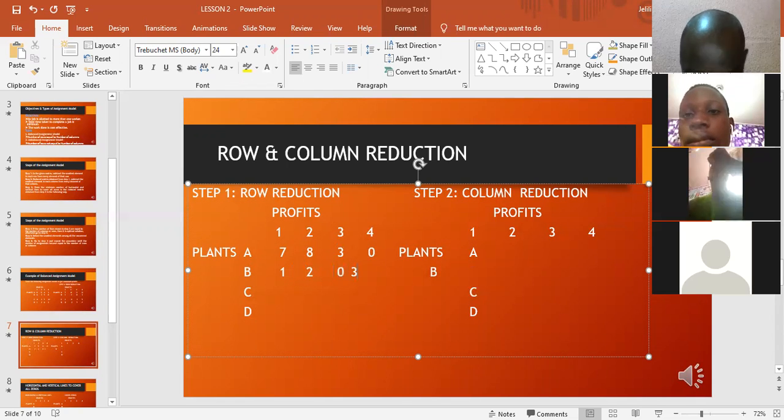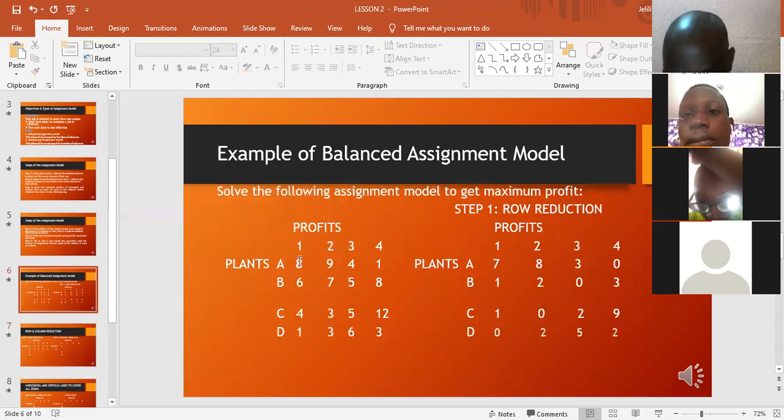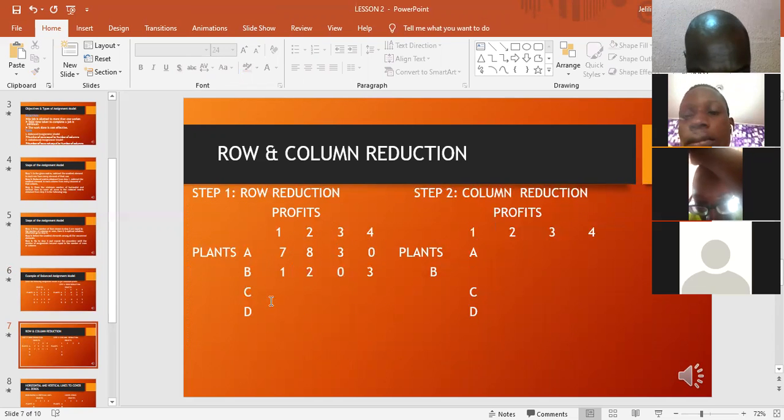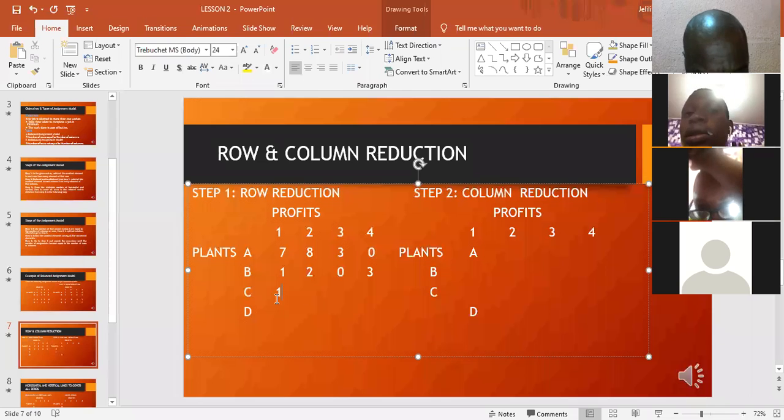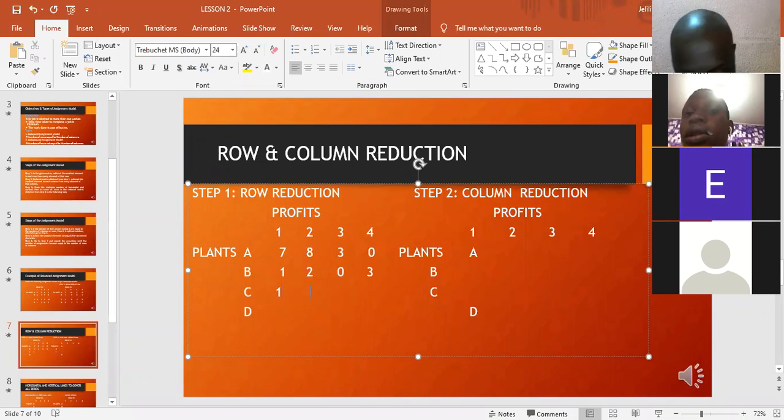So the third row, we have 1 0 2 9. Yes, so that we use this to do our column reduction. Let me close the gap.